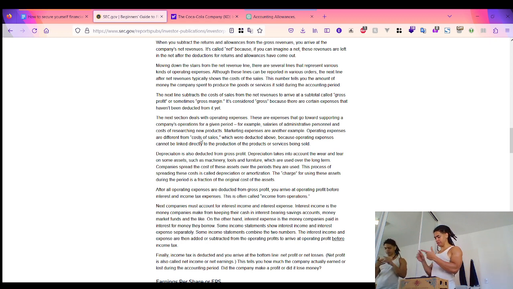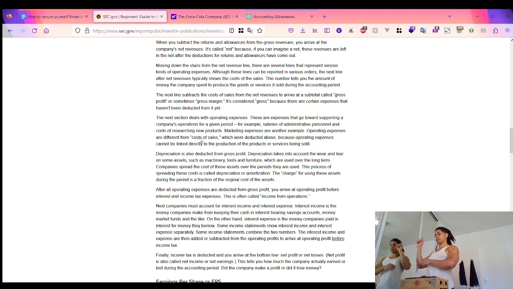Okay, so for example, you have salaries, the cost of researching new products, marketing, and this cannot be linked to the cost of sales because they are not directly tied to the production of product and service. Then we have depreciation. It's also deducted from gross profit.